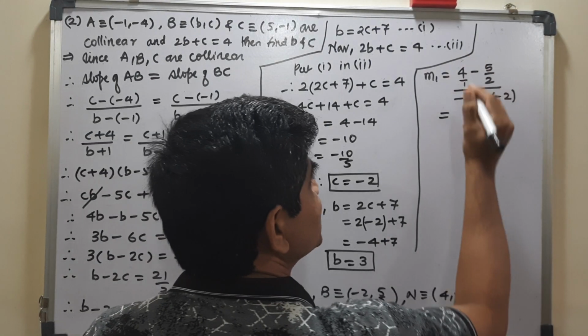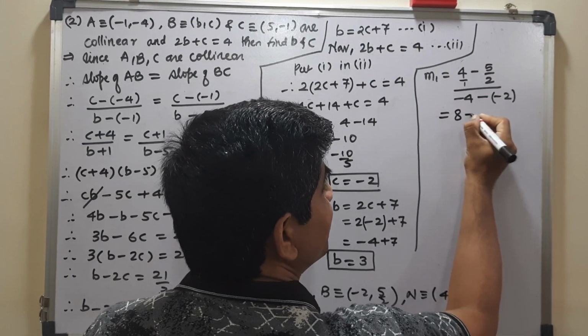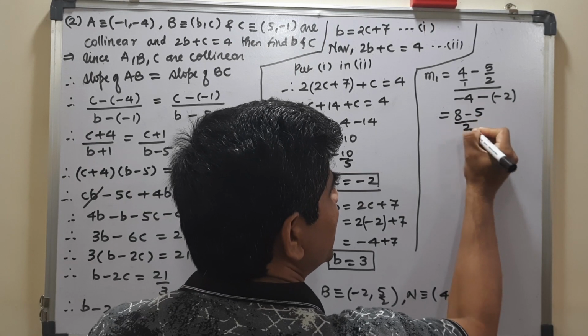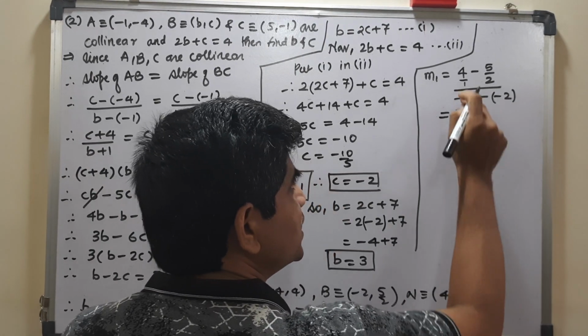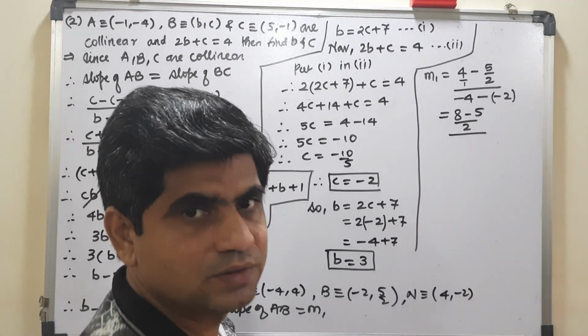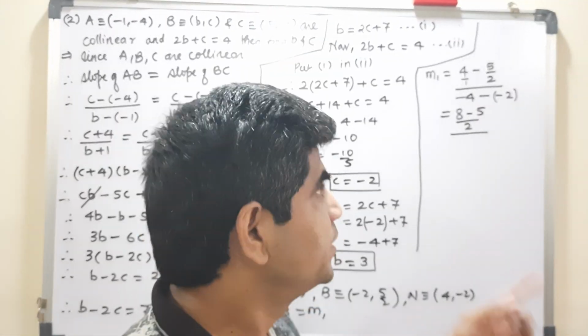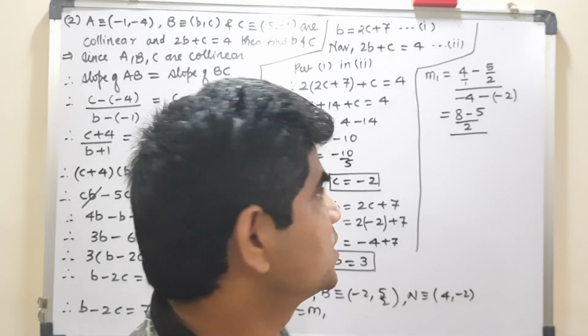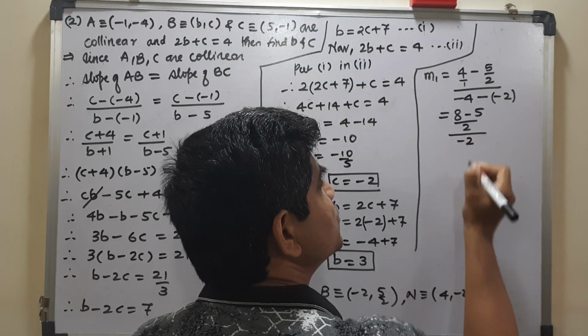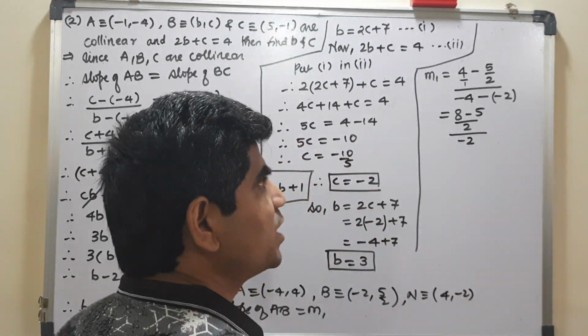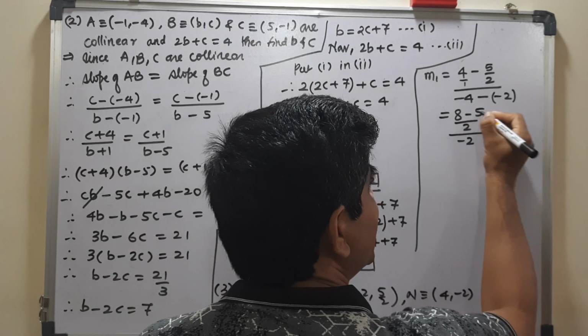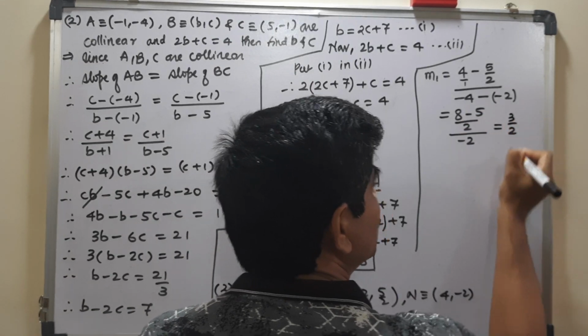So 2 4s are 8 minus 5 by 2 and upon this is minus 4 minus of minus 2, that is plus 2, minus 4 plus 2, that is equal to minus 2.